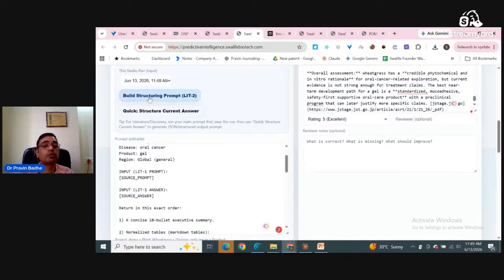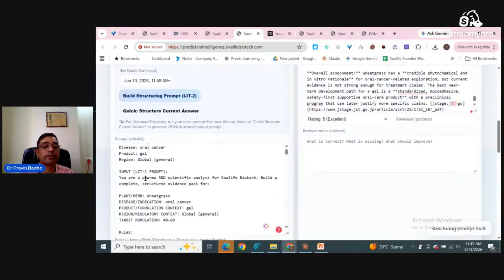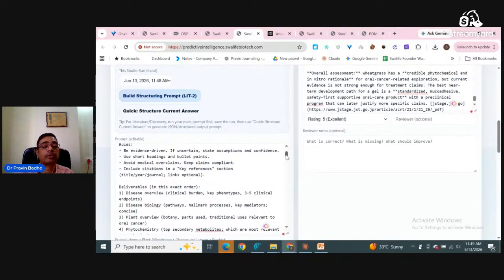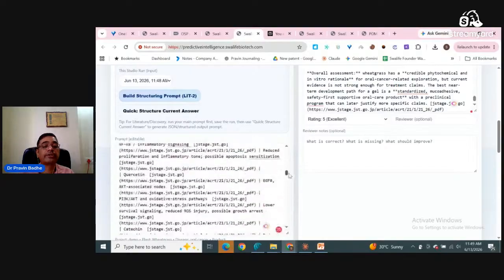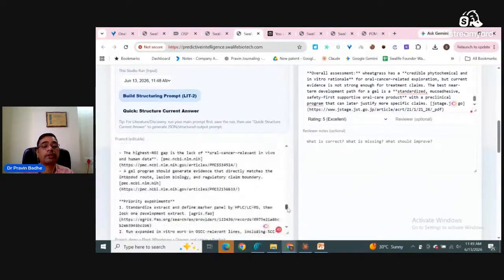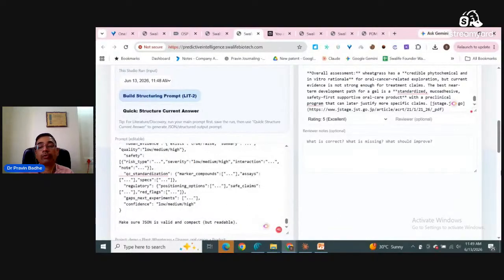You need to click on build structuring prompt. Once you click, you can see it is giving you the additional role as a data curator, along with the role from the first prompt, and all the information that you have collected using the large language model is now here in the form of the prompt.